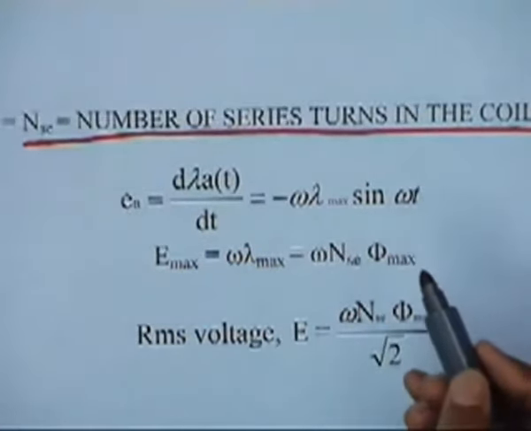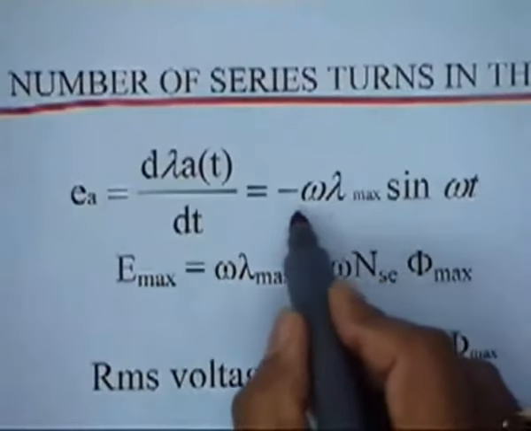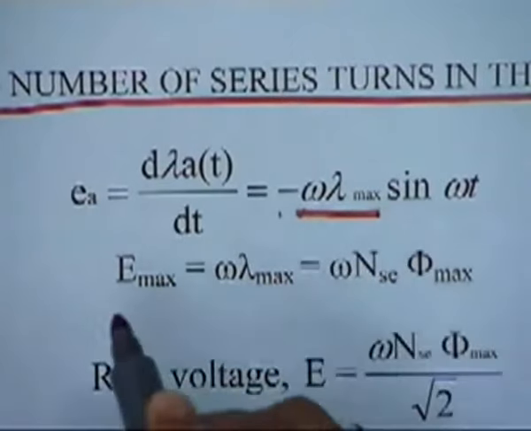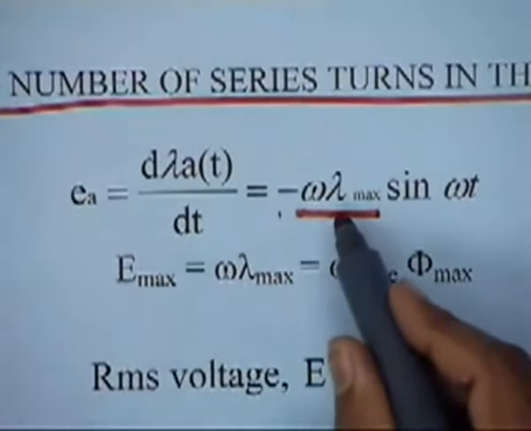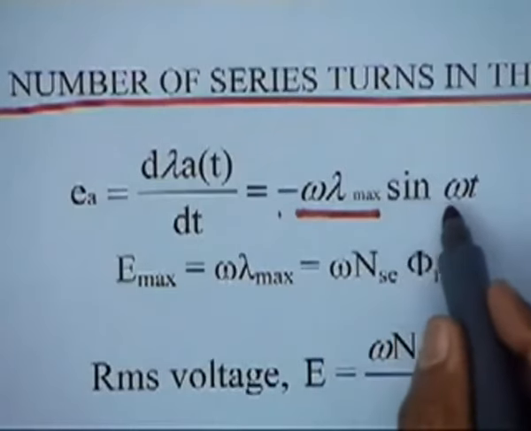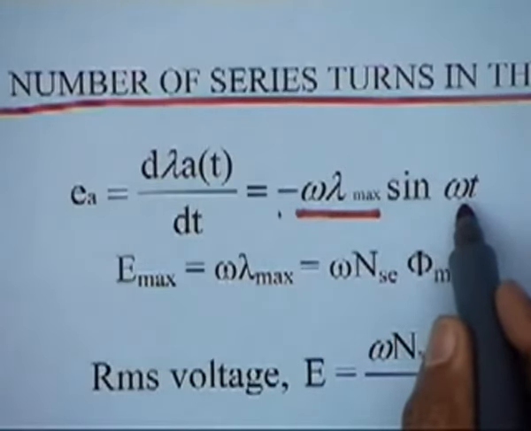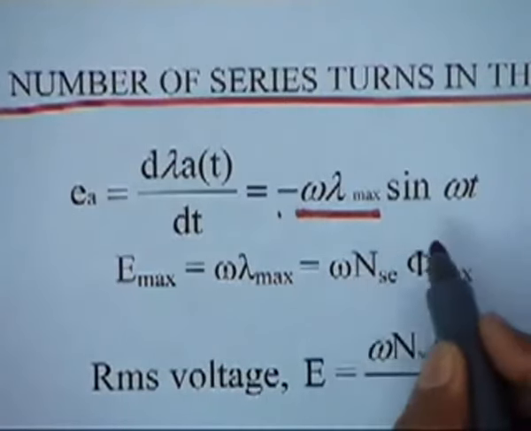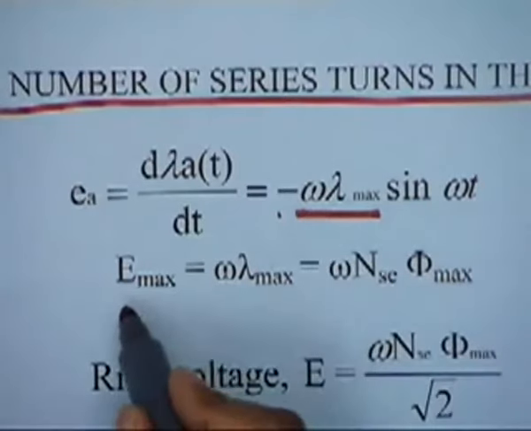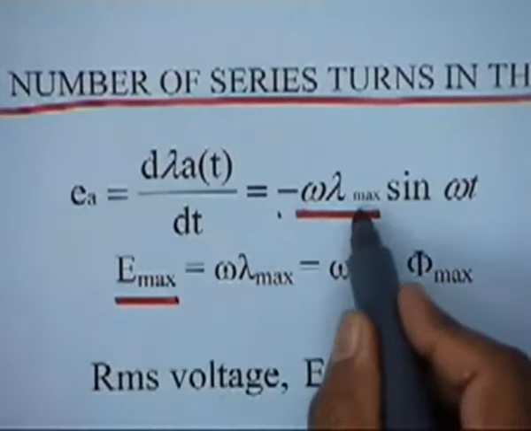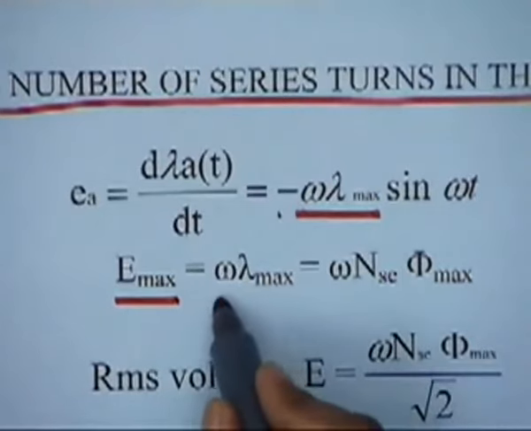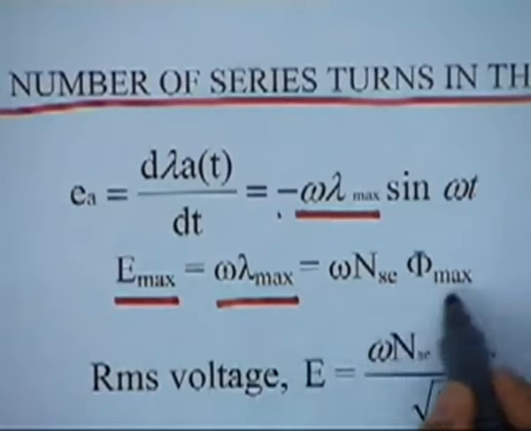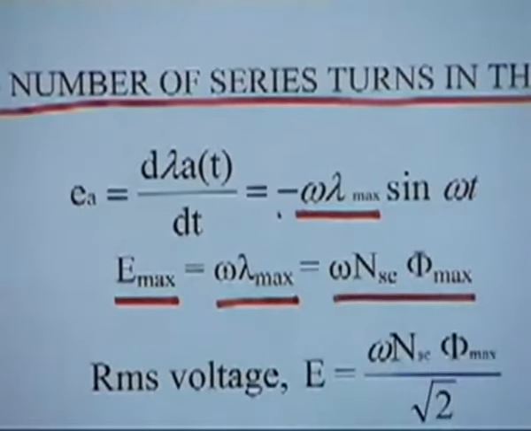And we notice that this omega lambda max represents the maximum value of the voltage, and it varies sinusoidally with omega t, which is the angular dimension. So the maximum value E max is omega lambda max as shown here. That is lambda max is NSE phi max, so that will be omega NSE phi max.